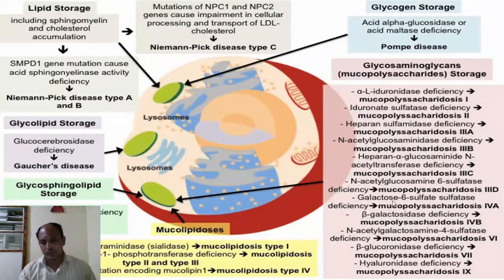All these disorders are caused by the deficiency of a particular enzyme required for normal metabolism. All these metabolic disorders are caused by a mutation in a particular gene. For example, a deficiency of a gene on chromosome 1 leads to Gaucher disease, that we will see later on. So these are the different types of lysosomal storage diseases.